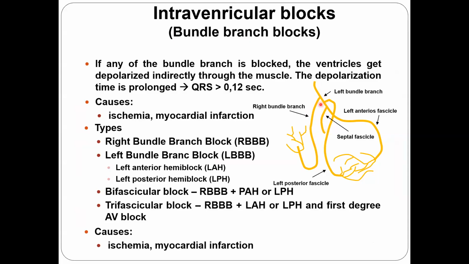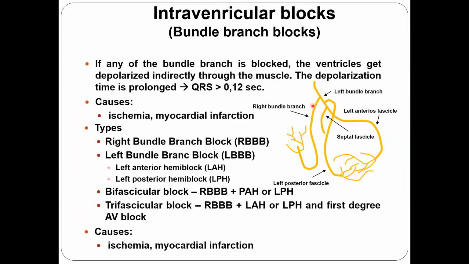This is the left one, the left bundle, and we have the anterior and the posterior part of the left bundle branch. Of course, any of these fascicles can be blocked. So this is what we are talking about.